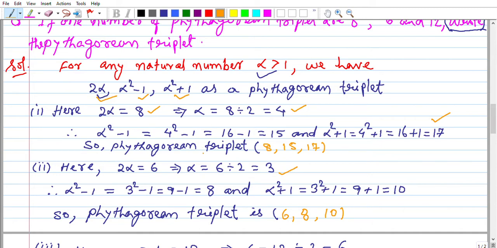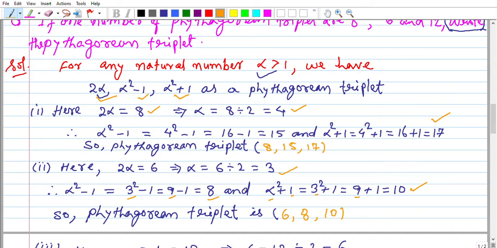Then as above we will do alpha square minus 1, in the place of alpha we will put 3, 3 square minus 1, 3 square equal to 9 minus 1, we get 8. Again put the alpha value in alpha square plus 1, 3 square plus 1, 9 plus 1 equal to 10.